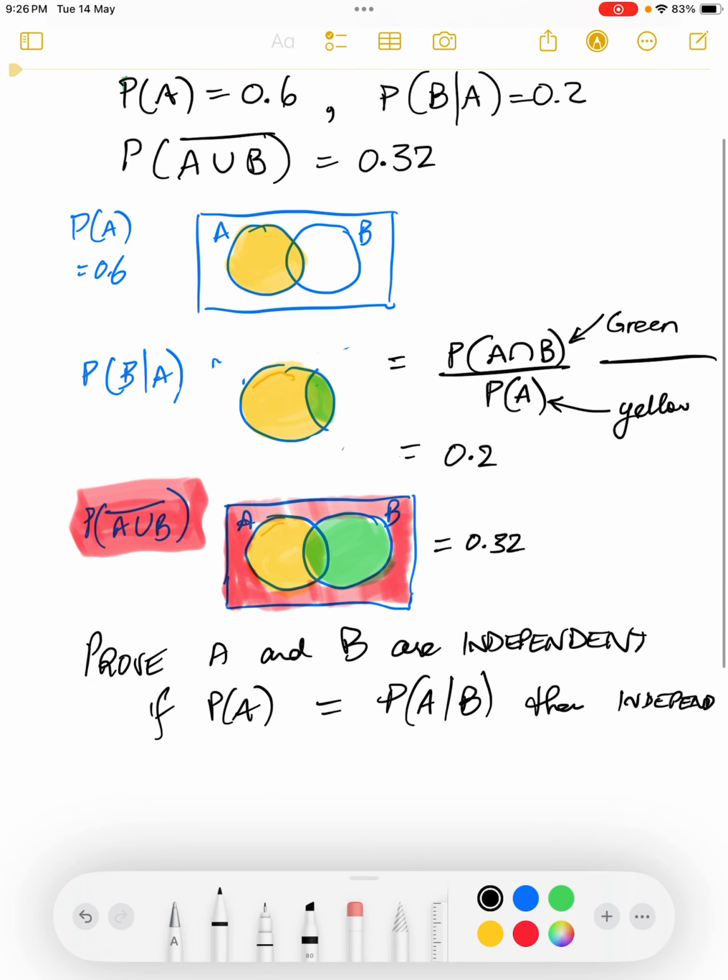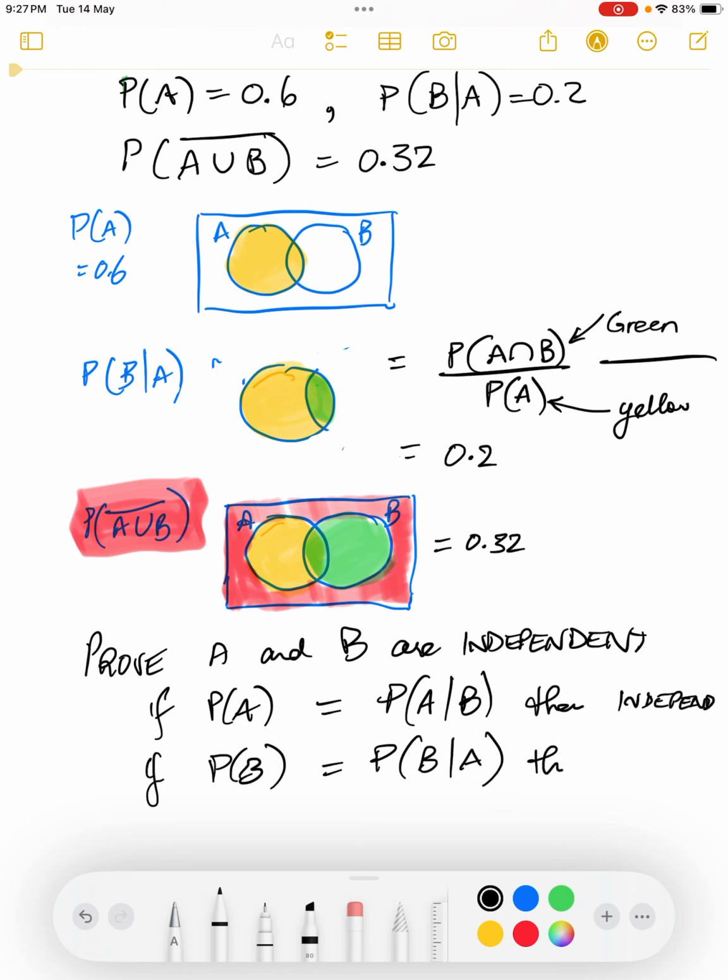What we could do is say if the probability of B is equal to the probability of B given A, then they're independent. And we already know the probability of B given A is 0.2. So does the probability of B equal 0.2?